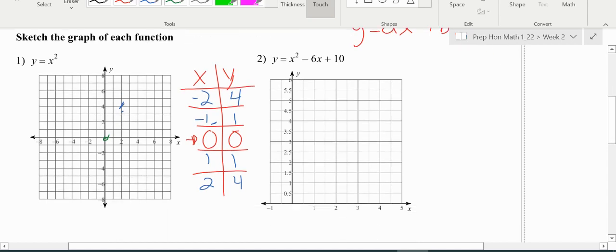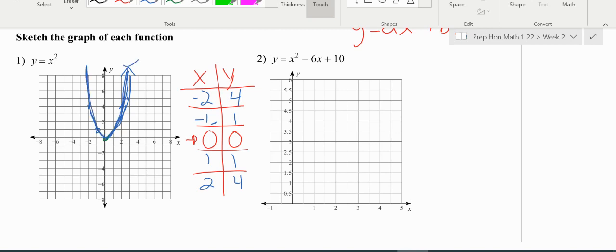So our one side would look something like this. And then if I repeated it, it actually would look the same on the other side. So we got our 1, 1, our 2, 4, and it looks something like this. It would be like a nice curve at the bottom.